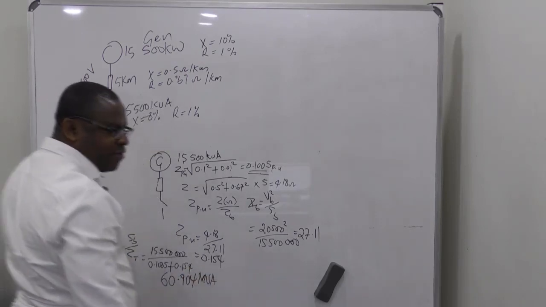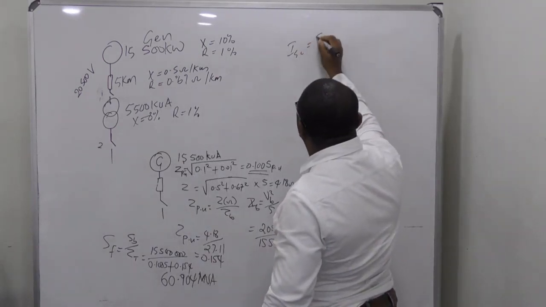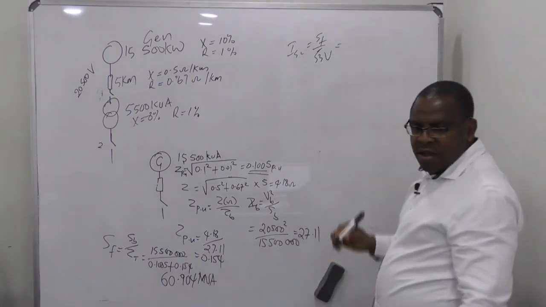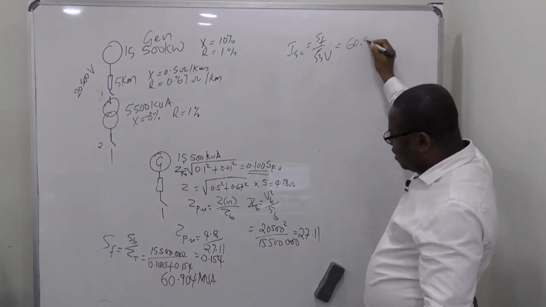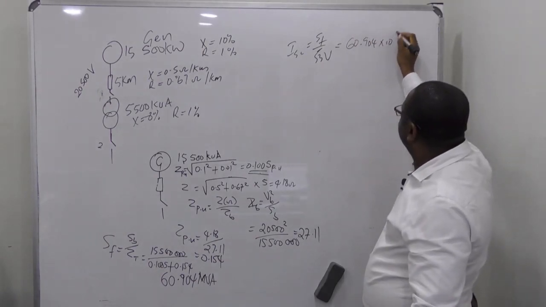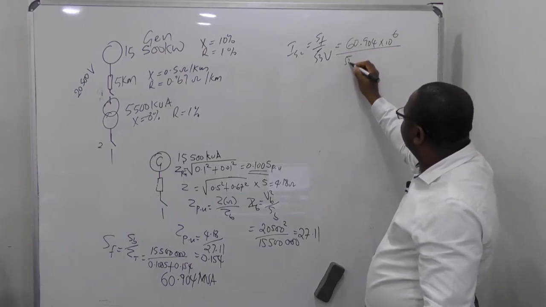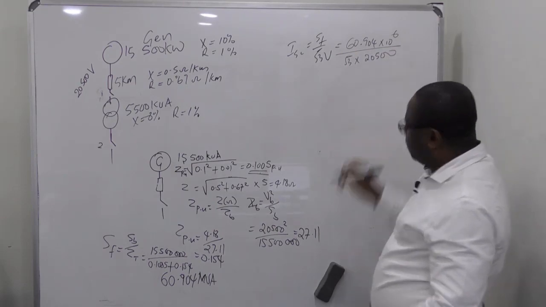MVA. If you want to get the short circuit current, it becomes S fault over root 3 times the voltage. S fault is 60.904 times 10 to the power 6, divided by root 3 times the voltage there, 20,500.